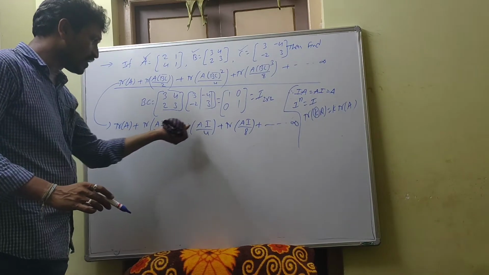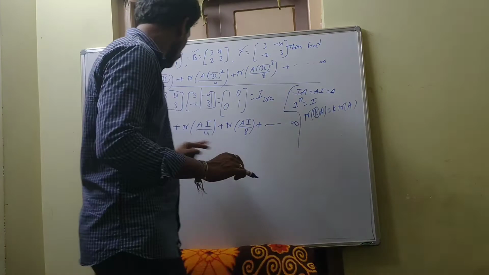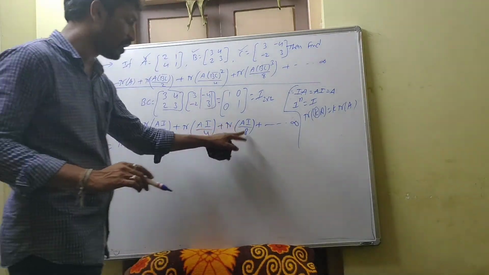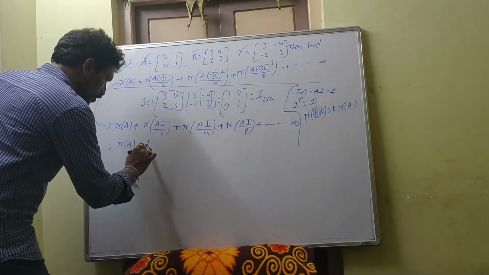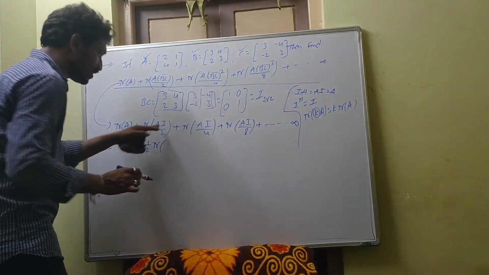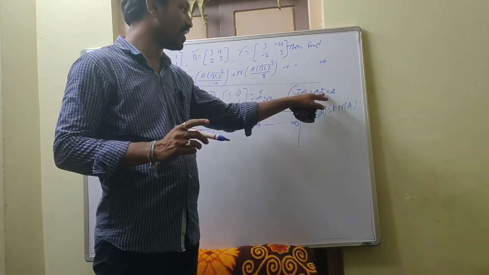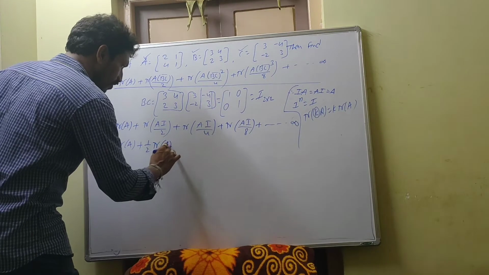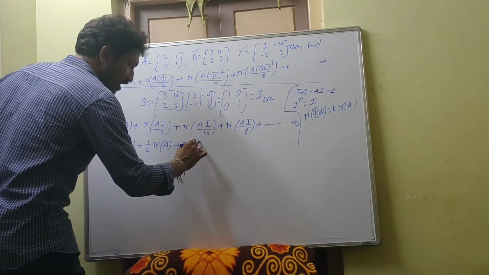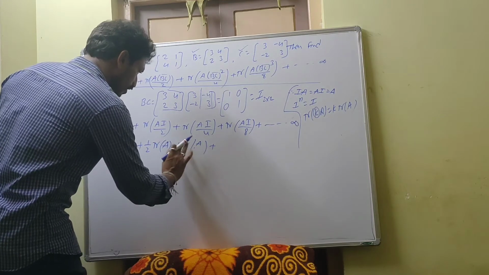Here 1 by 2 is there, here 1 by 4 is there, 1 by 8 is there. Instead of K, what is the number? Here 1 by 2, here 1 by 4, here 1 by 8. You can write that K outside. So 1 by 2 into trace of, what is the numerator here? AI. So IA is equal to A. So directly you can write this is trace of A only. Next, this is AI, again A, that is by 4, you write outside by 4.